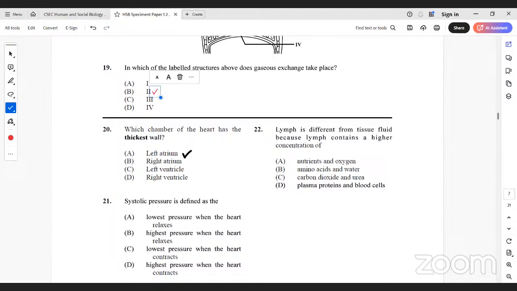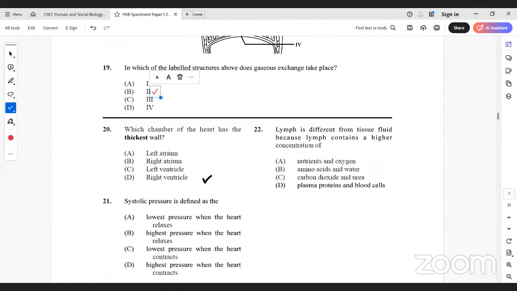So let's continue on. The thickest chamber of the heart. Which chamber of the heart has the thickest walls? That's what they are asking. Is it the left atrium, the right atrium, the left ventricle, the right ventricle?